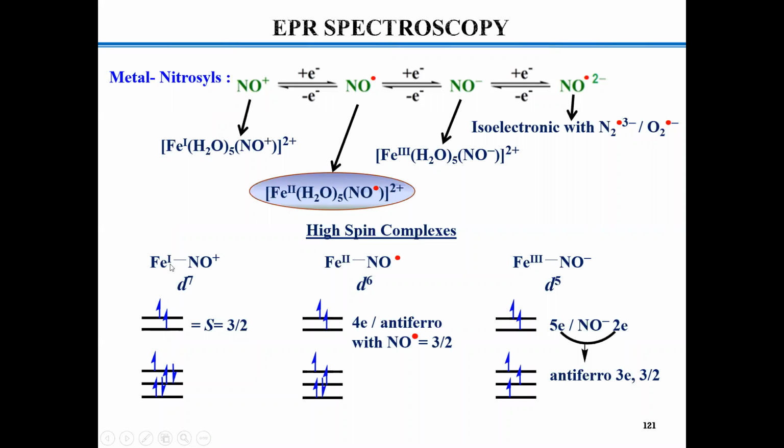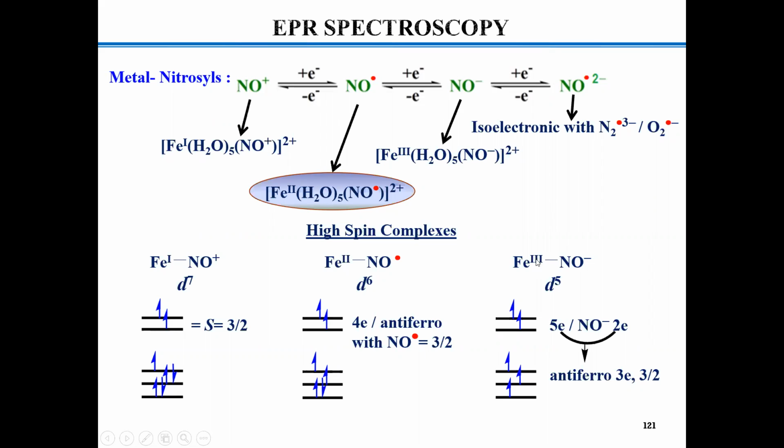Or you can think about intramolecular electron transfer from here to here. So here to here, Fe2 NO dot. And then this is 2, this is no charge, water no charge, 2 plus, no problem. Alternatively, we can think about again electron transfer from metal to NO, Fe3 NO minus, and Fe3 NO minus.